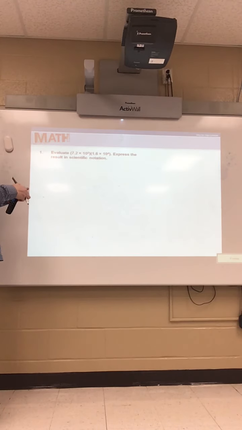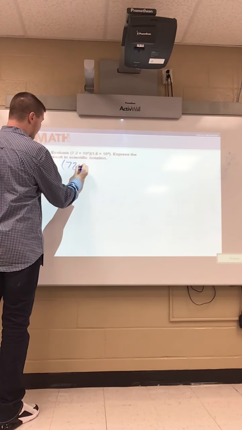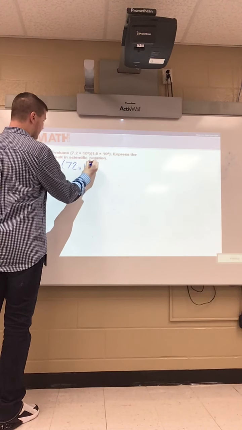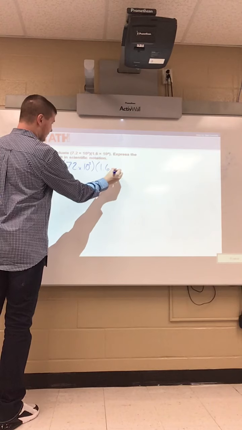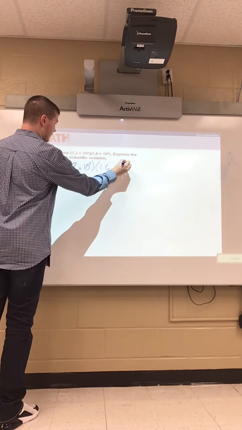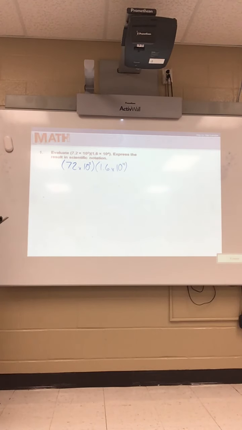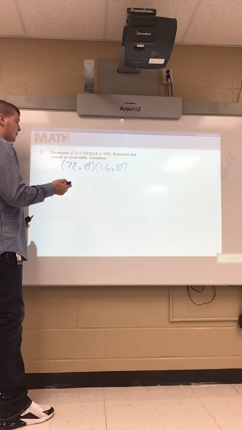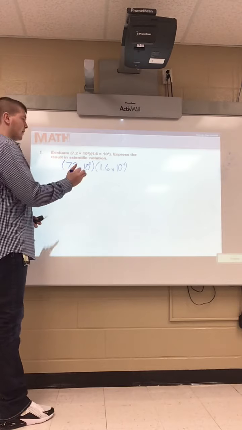Okay. So it gives us 7.2 times 10 to the third and 1.6 times 10 to the fourth, okay? So what you're going to do is separate the whole numbers from the exponents.